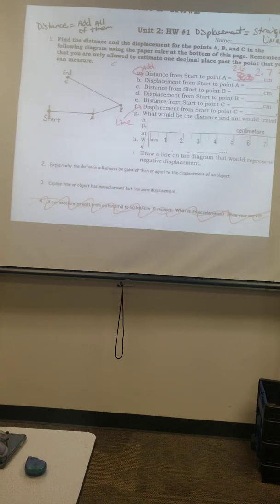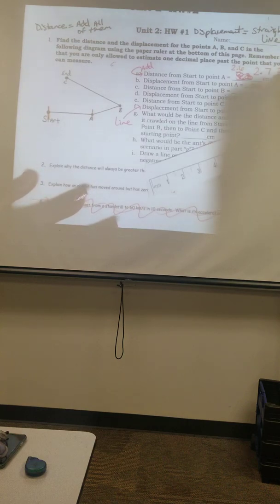In physics, it's measured from the middle of the mass of that object to the middle of the mass of the other object. That's how we measure in physics, so that might be a reason why your numbers may be a little bit off.